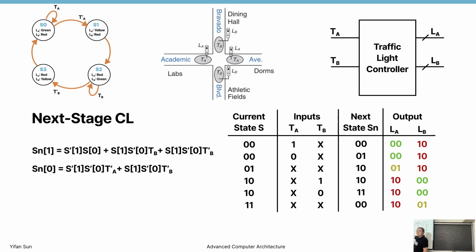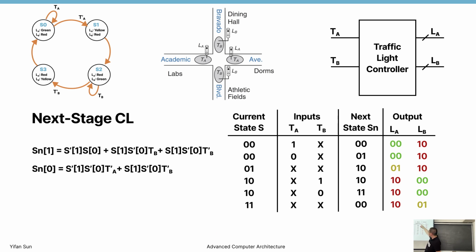If there's 0, when we write it, we write it as the complement of the state. Now here, for this term, we write S1, no prime, S0 prime, TB prime. For X, we don't care about it. Okay, that's the way we write Sn0.